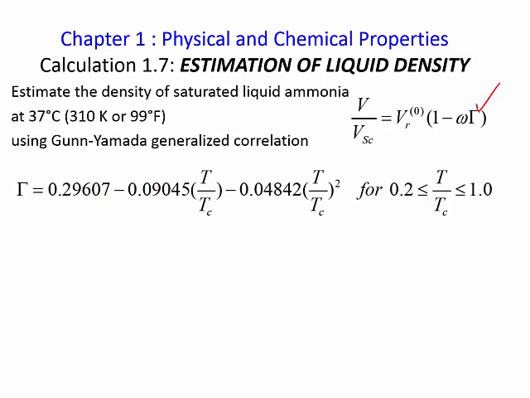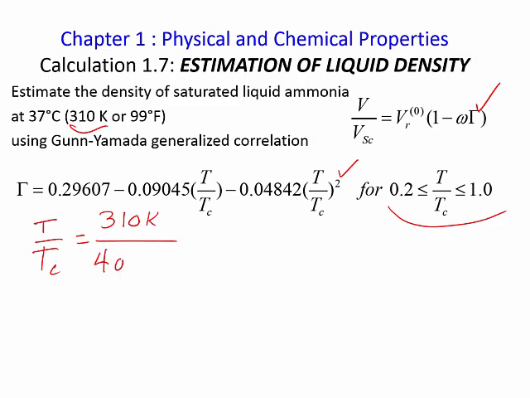Gamma in the equation is given by this correlation in the range of T over Tc that you see. Since the temperature is 310 Kelvin, we can calculate T over Tc as 310 Kelvin divided by the critical temperature, which we saw earlier as 405.6 Kelvin.